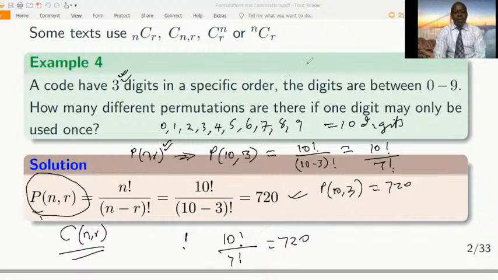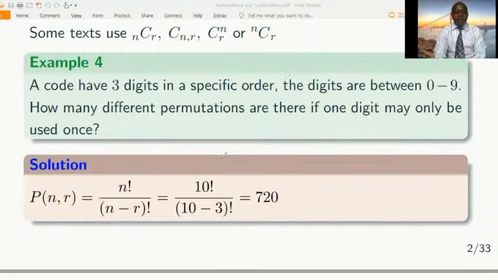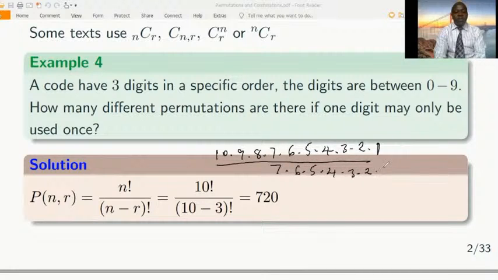Of course you understand what we mean by 10 factorial. It is just 10 times 9 times 8 times 7 times 6 times 5 times 4 times 3 times 2 times 1. And 7 factorial, because 10 minus 3 is 7, will be 7 times 6 times 5 times 4 times 3 times 2 times 1.